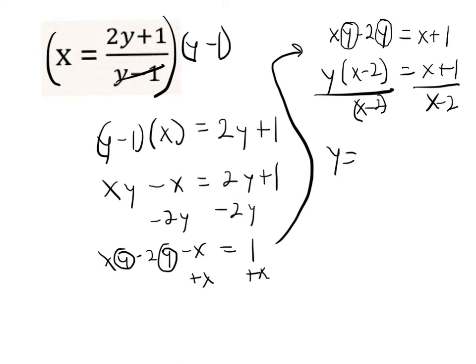So then y equals x plus 1 over x minus 2. This then is our f inverse of x equals that guy. And you can prove that by creating a composite function of our original function with our new function here.